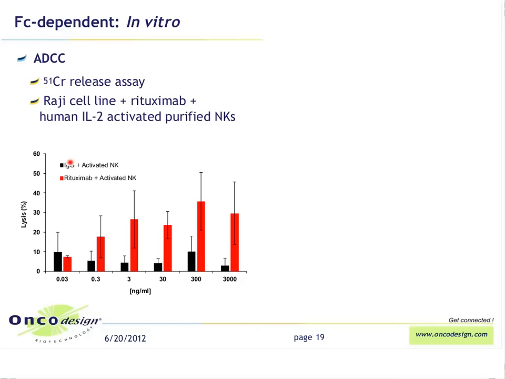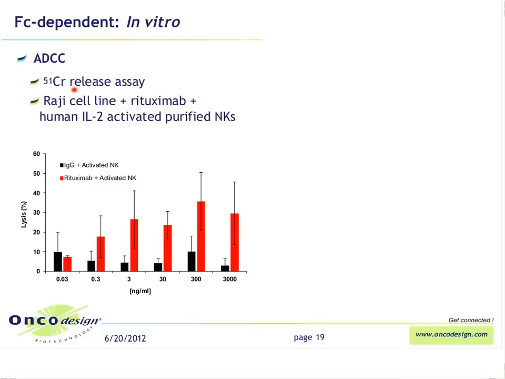The first is an irrelevant antibody in the presence of IL-2 activated and purified human NKs, and rituximab in the same experimental condition. A dose response could be observed when rituximab is added from 0.1 to 3,000 nanograms per ml.